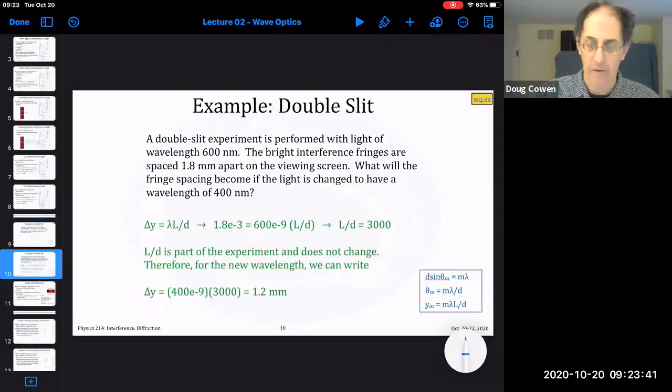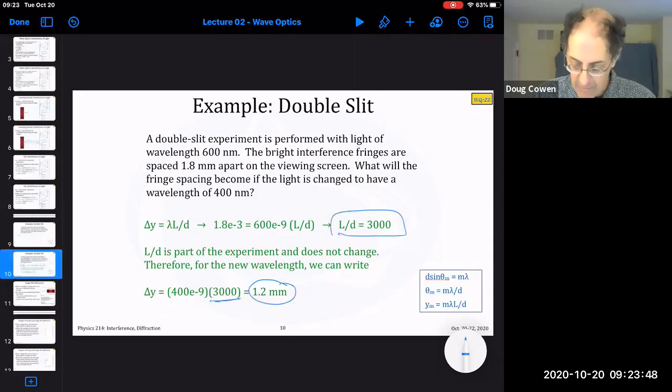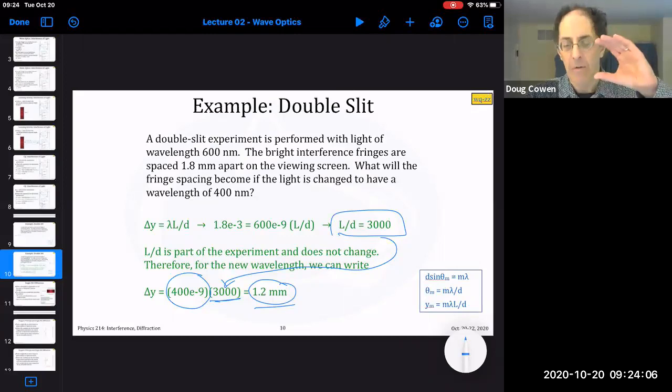You see that we used the fact that L over D is a constant, and we used that down here with the new wavelength to get the new spacing. So when we change the wavelength, leaving everything else the same, when we made the wavelength shorter, the spacing between the fringes got smaller. So the whole pattern basically compressed on the screen.